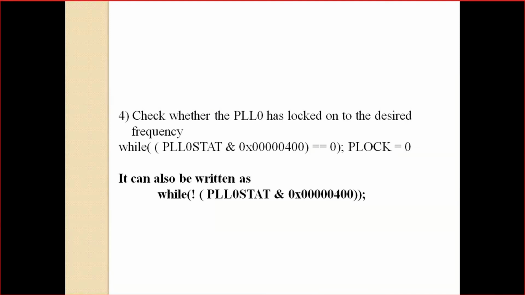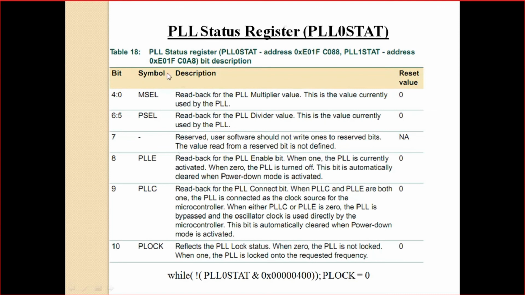How will you do that? For that, you have a register known as the PLL0 status register. In that, the 10th bit, known as the PLOC bit, is used for checking whether my PLL is locked onto the desired frequency.